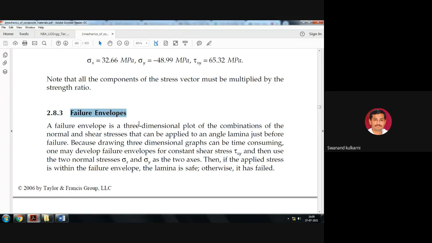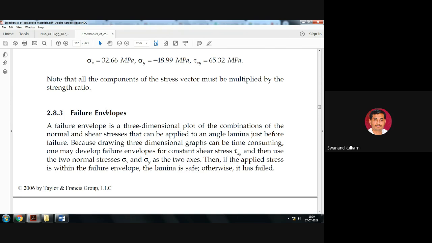Because drawing three-dimensional graphs can be time consuming, one may develop a failure envelope for constant shear stress and then use two normal stresses, sigma x and sigma y. Together we can identify the value of maximum stress in the x direction, y direction, and shear direction. And at the same time we may identify the values of sigma 1, sigma 2, sigma 3 like this.